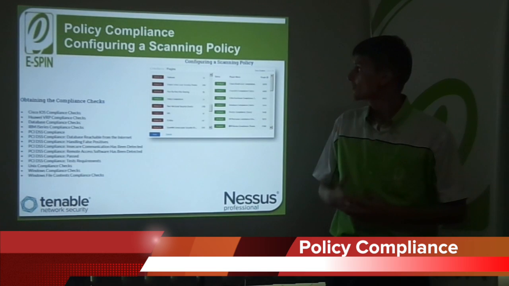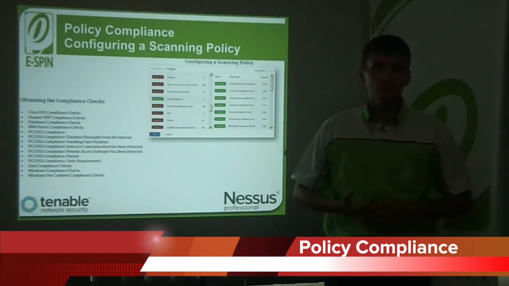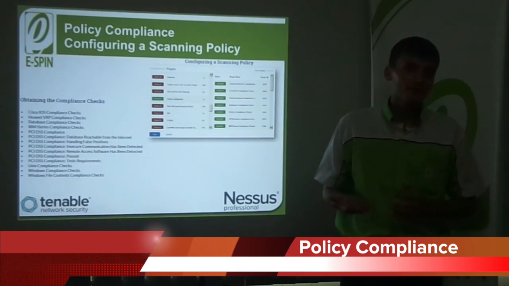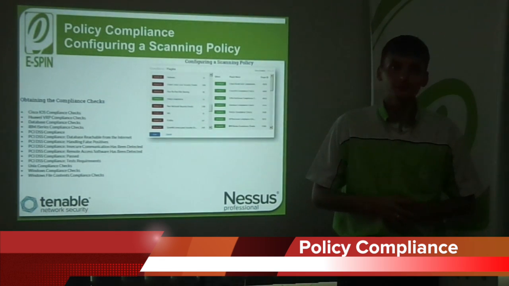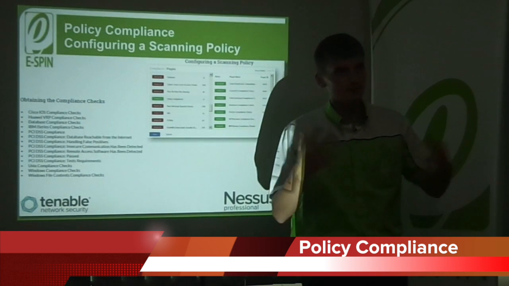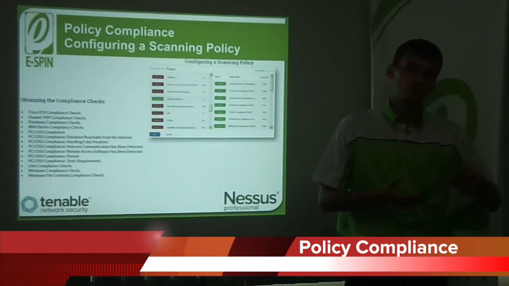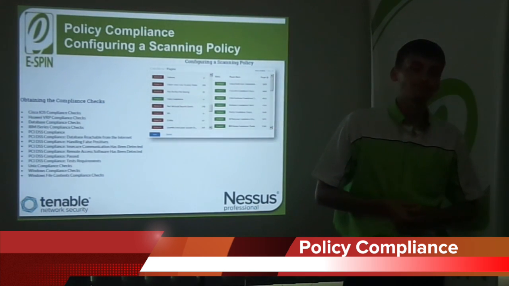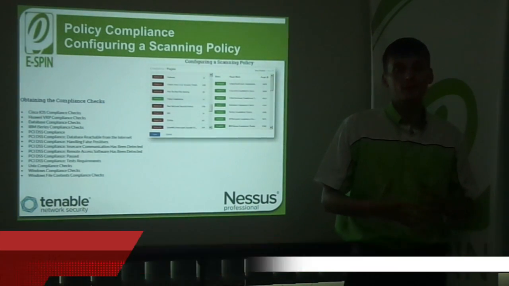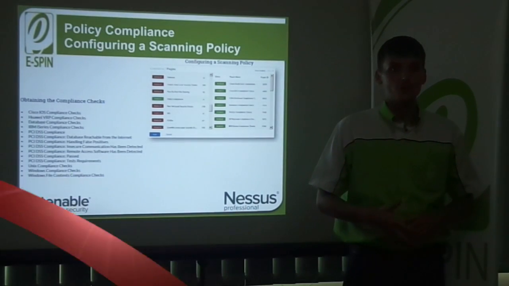Actually, you can reach it by proceeding to the plugins and compliance policy. Also, from the left side you can see the configuration which you can set, which is most necessary for your auditing.